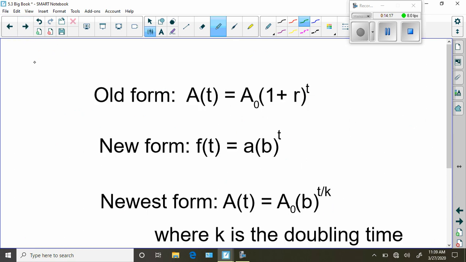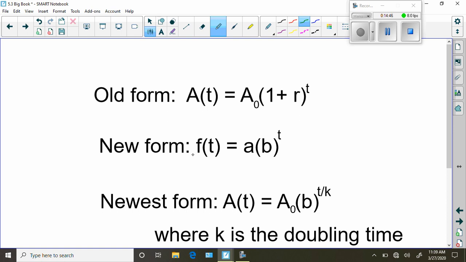So now we have two forms, okay? We had an old form, which was pretty easy. Hey, the cost of a Chevy truck was $20,000. How much did it appreciate after 5 years because the value of Chevy trucks goes up? And so this was the old form that we talked about, and everybody was happy with that. The new form that we just learned was exponential function, which is a times b to the t, okay?